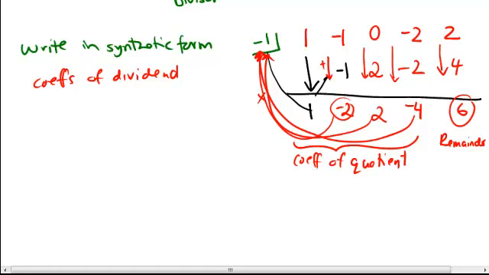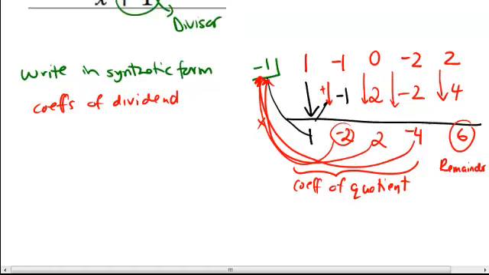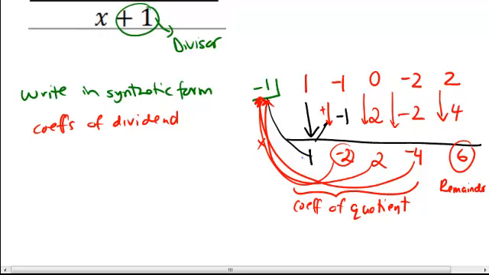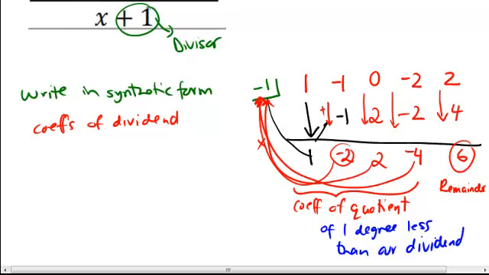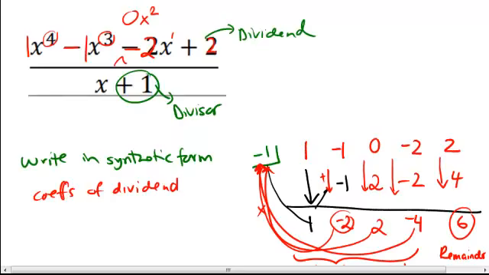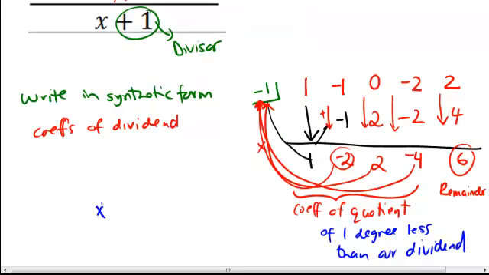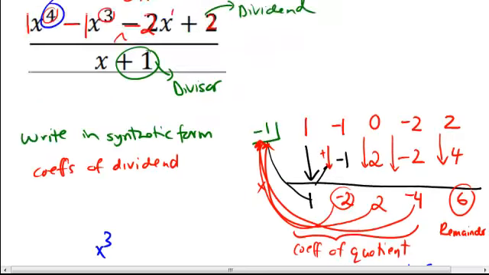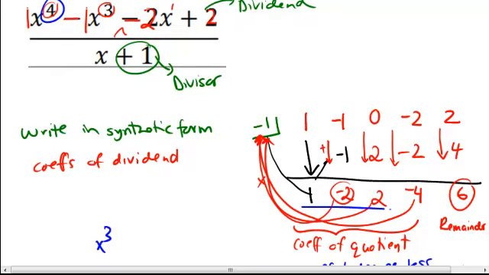Now how do we know what to start it with? Well, the first one is always a coefficient of 1 degree less than what we started with, than our dividend. So if you notice, we started with x to the fourth, right? So the quotient is going to start with x cubed. So it's always 1 degree less, and it goes in decreasing order.